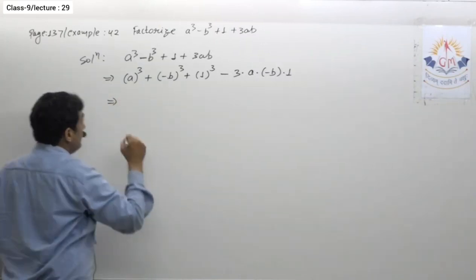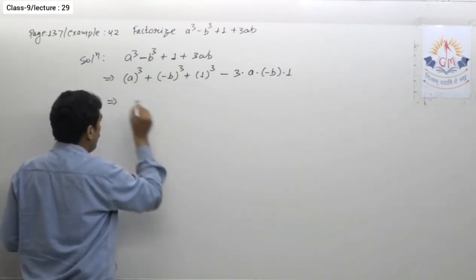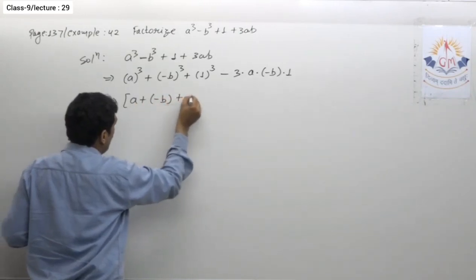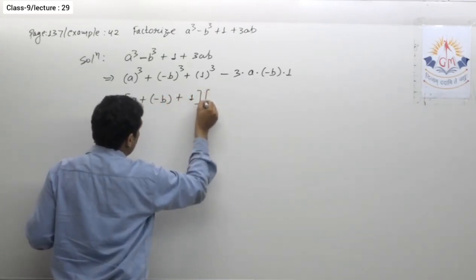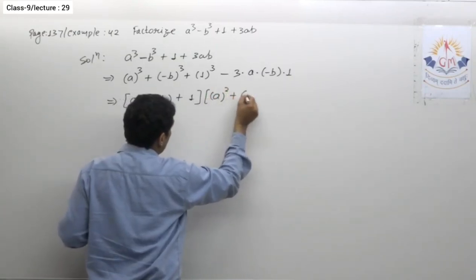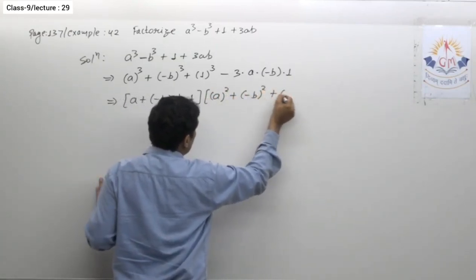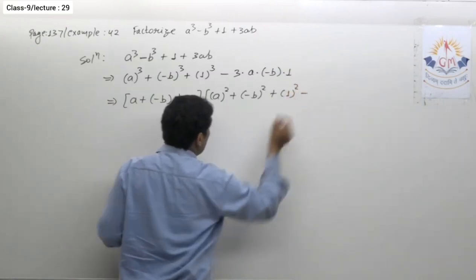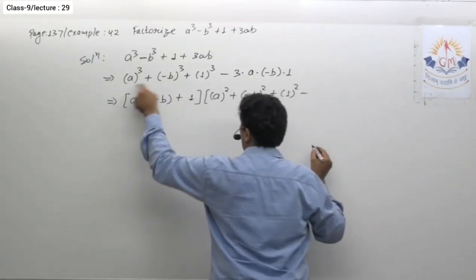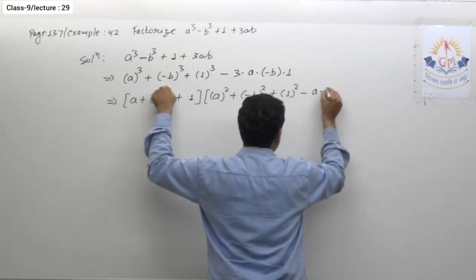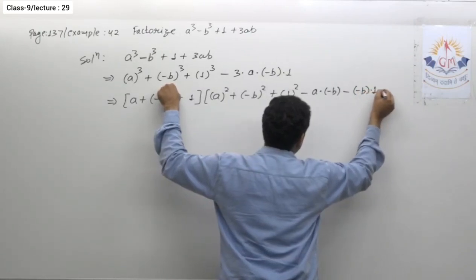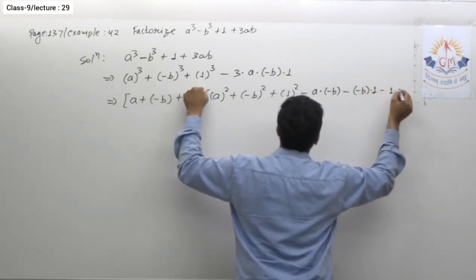And I know the right side is a plus b plus c in the first bracket. In the second bracket, a square plus b square plus c square, then minus ab minus bc minus ca.